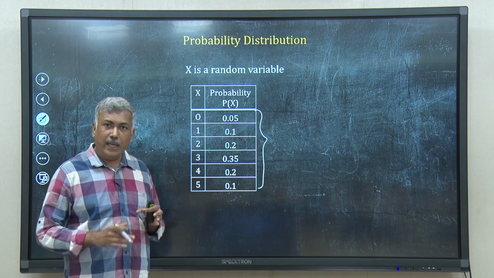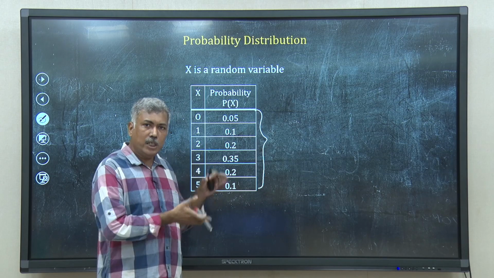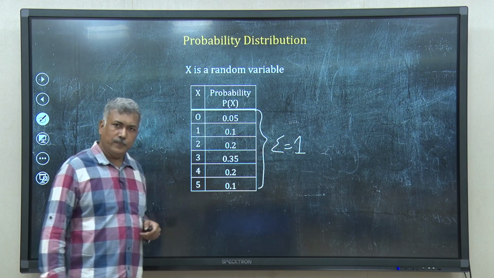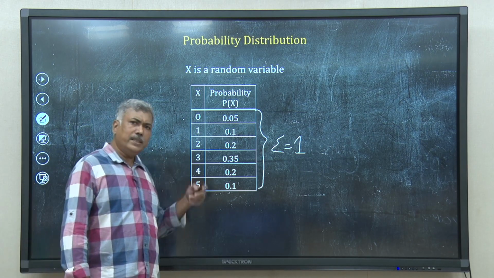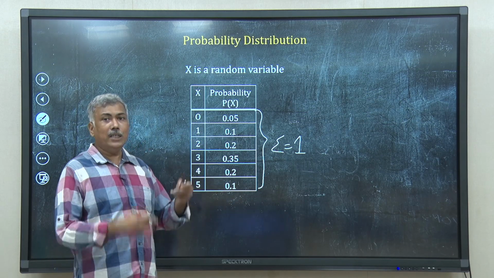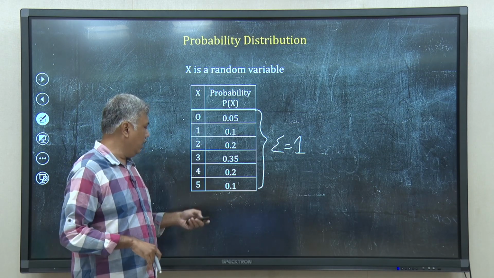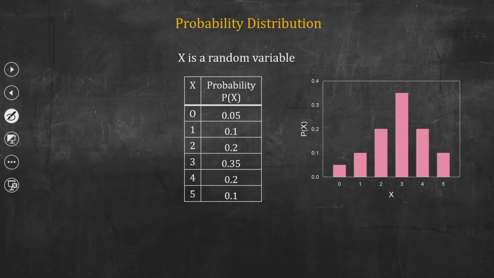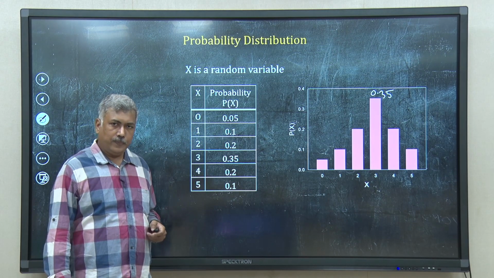As these are probabilities, and if you remember, the summation of all these probabilities should be equal to 1, right. Now, I can represent this probability distribution, these probability values, also as a histogram, just like we did for the frequency histogram of the blood group. So, this can look like this. This third value is 0.35, right. So, the largest point, the highest frequency.